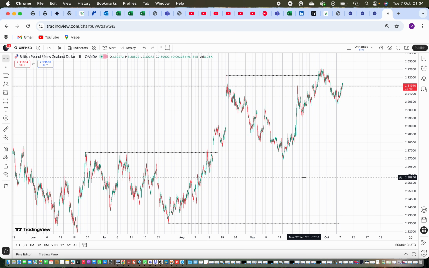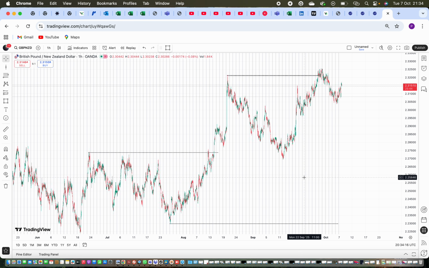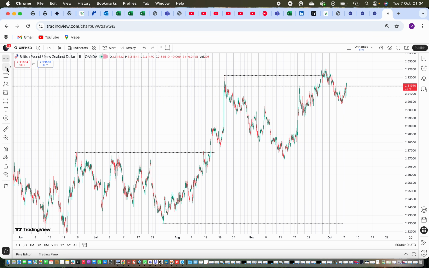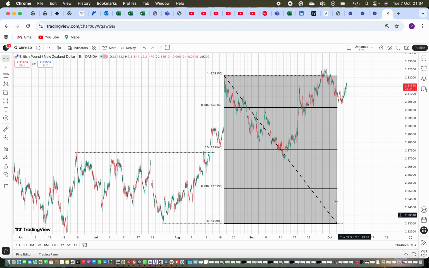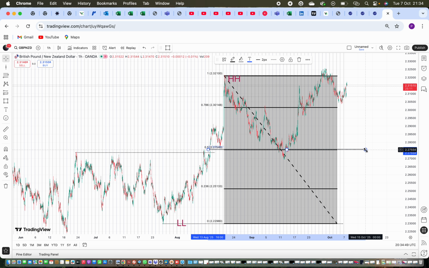So if we take our fib and measure from this high to this low, we can safely say this level is our higher high and this level is our lower low.